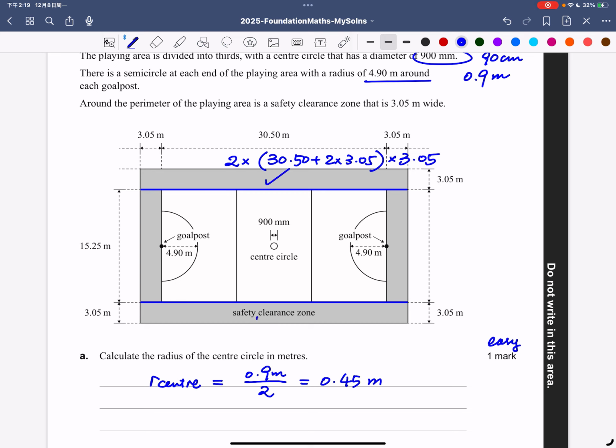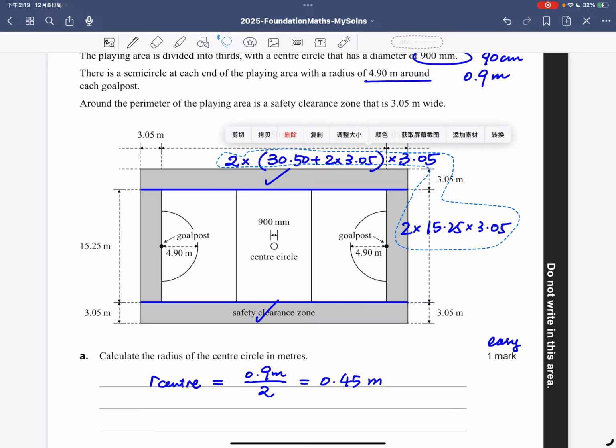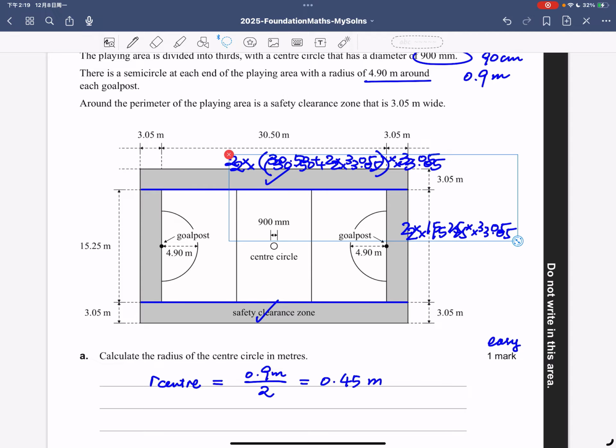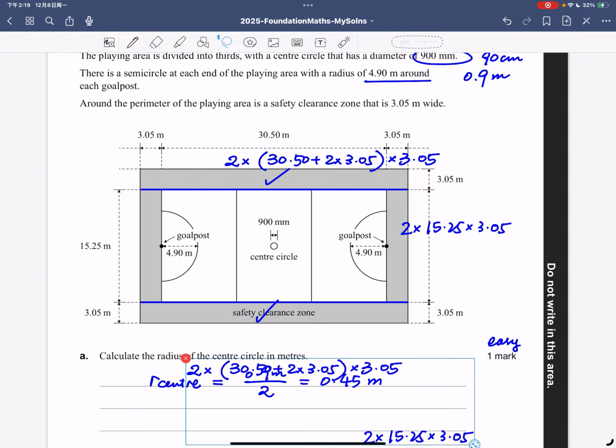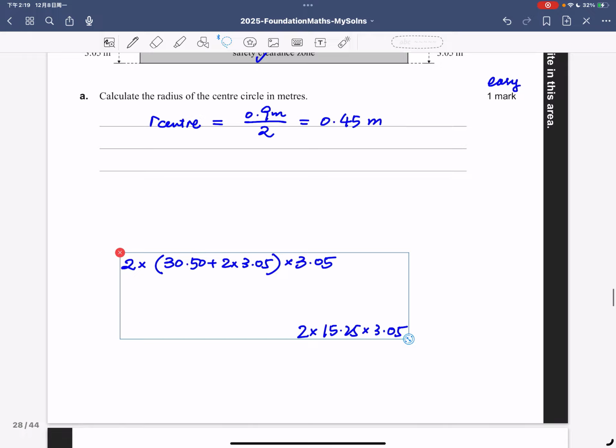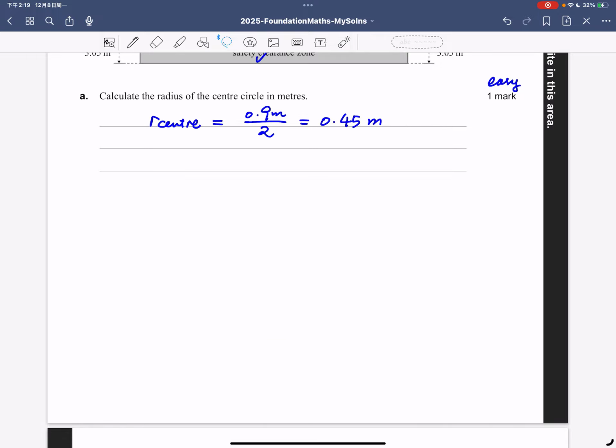So you count these 2 bits, and then you get the smaller slabs, 2 lots of 15.25 multiplied by 3.05, something along this line. To save time, I'll be using copy and paste for the calculation here. Let me just copy that. Copy that over there, cut.